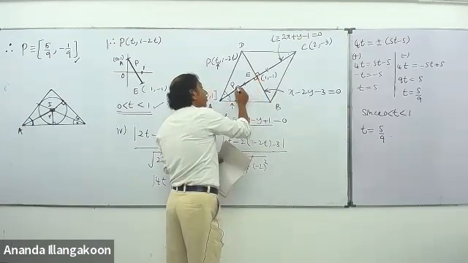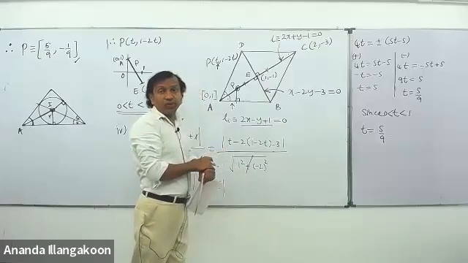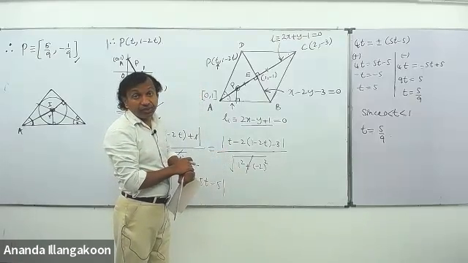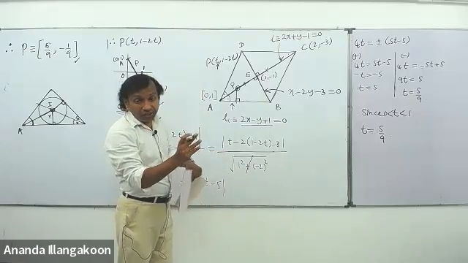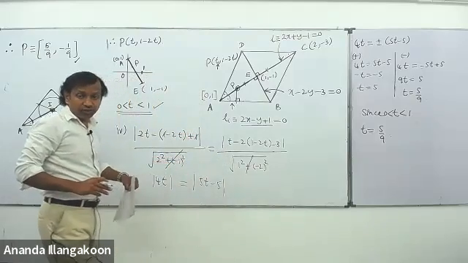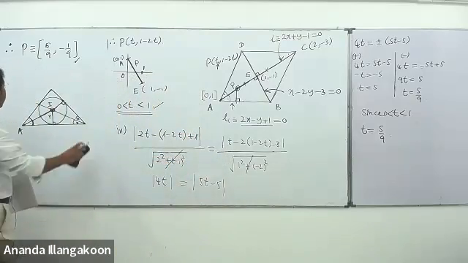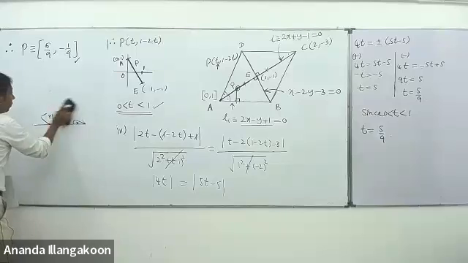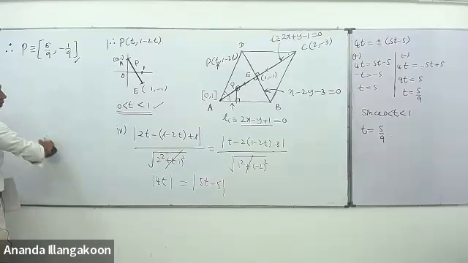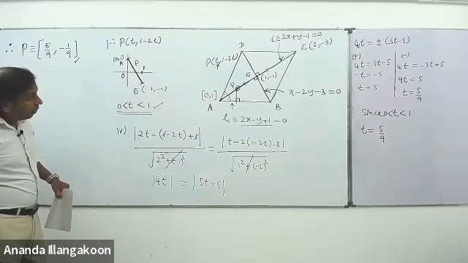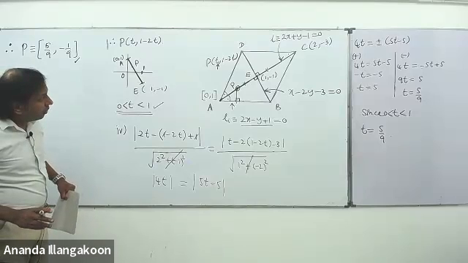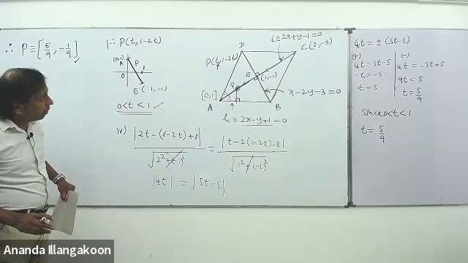That means the distance from here to here is the radius. If you know the center and the radius, we know how to find the equation of the circle, right? Then we'll write the radius. The center of the incircle of the triangle ABD is P.